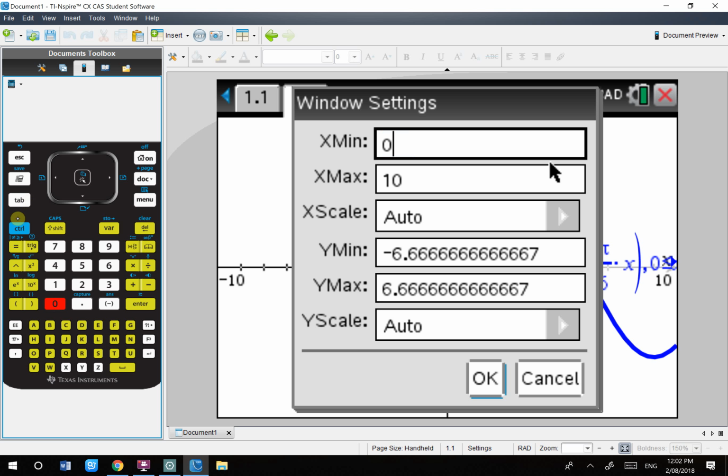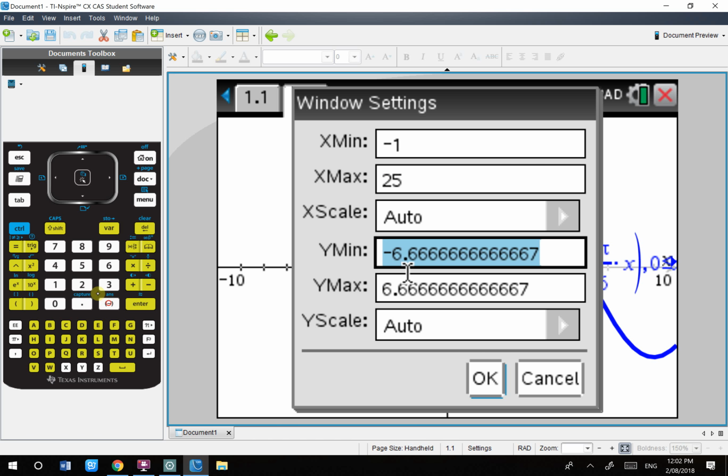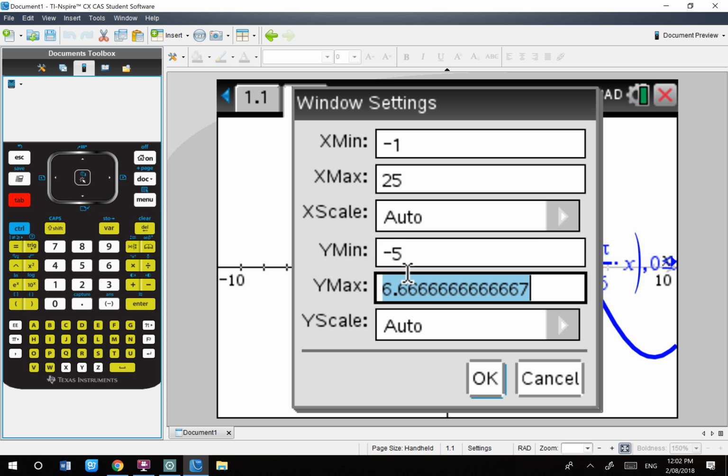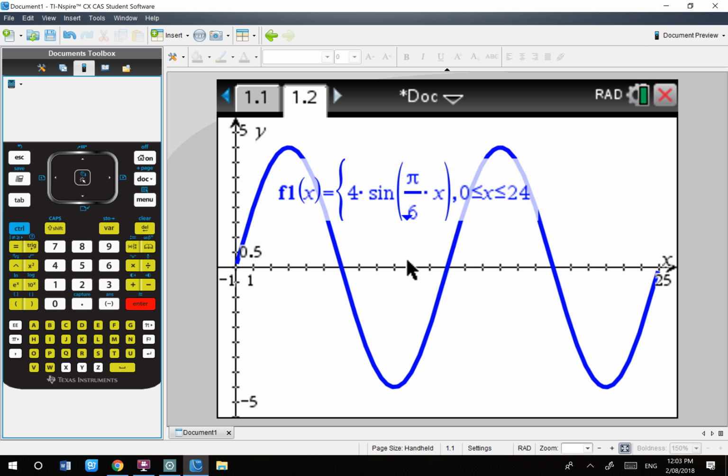Because I want only values between 0 and 24, I put -1 to 25. -5 to 5 will be a good Y value. Press OK, and you have the complete graph here. You only want to see between 0 and 24, so I set -1 to 25 with a little bit of space on top and bottom.